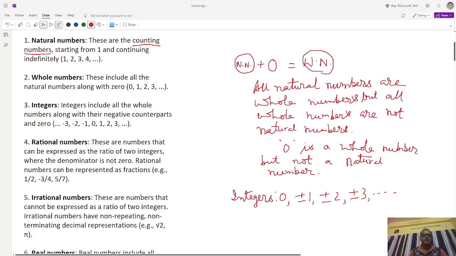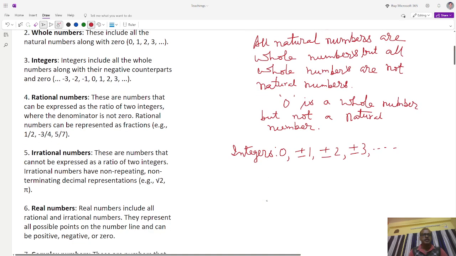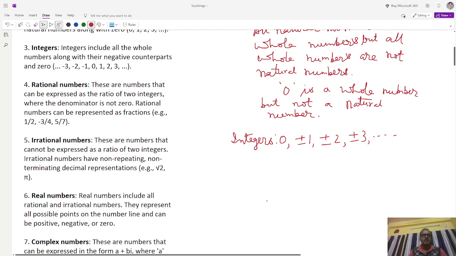Next come to the rational numbers. These are numbers that can be expressed as the ratio of two integers where the denominator is not zero. Rational numbers can be represented as fractions.